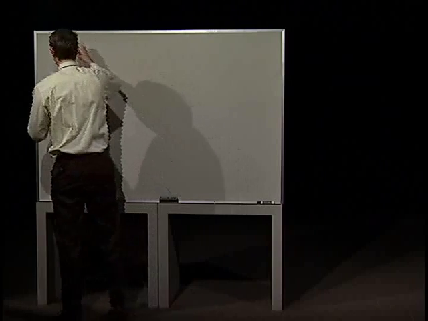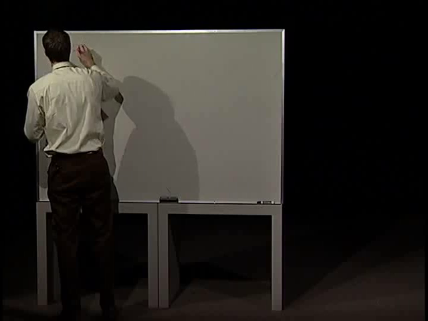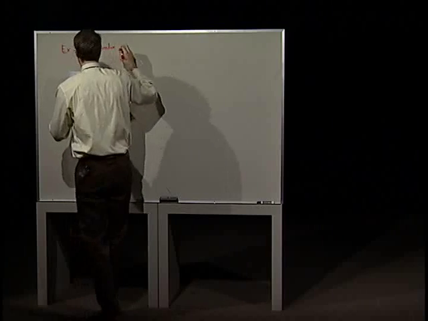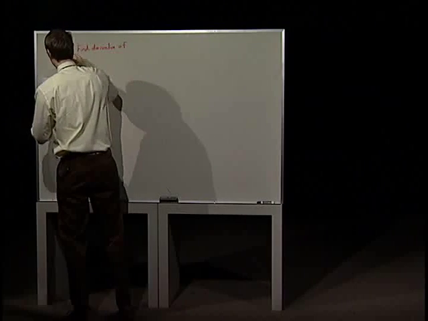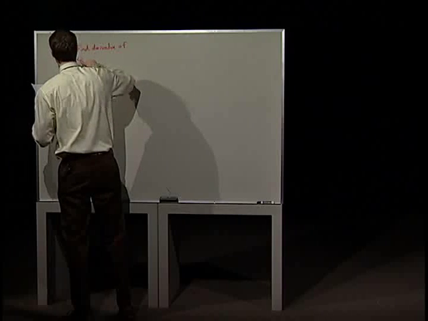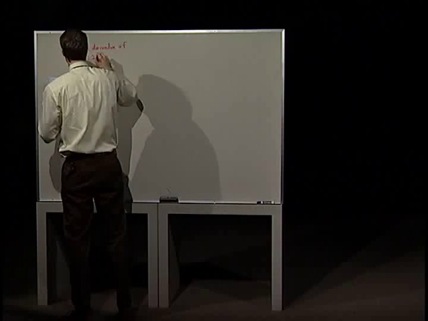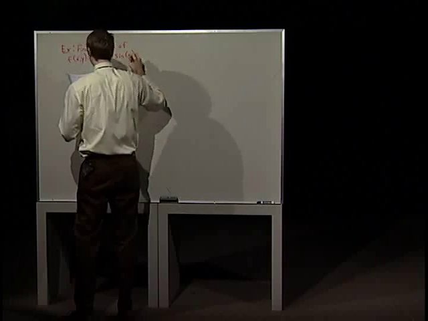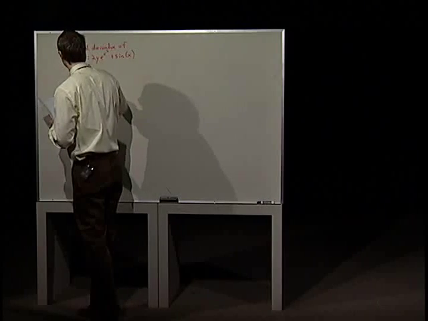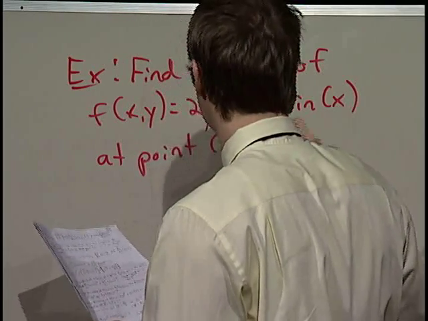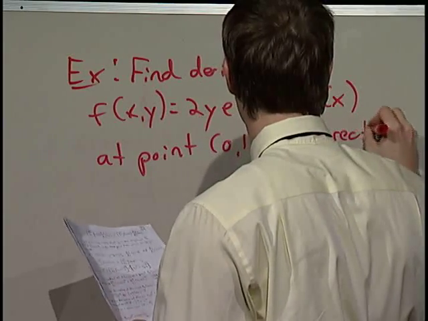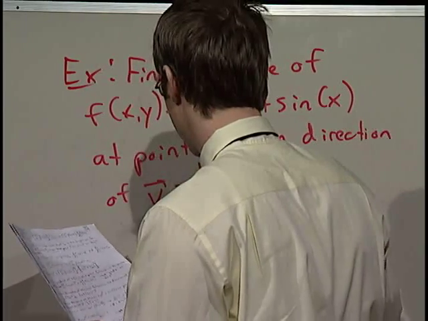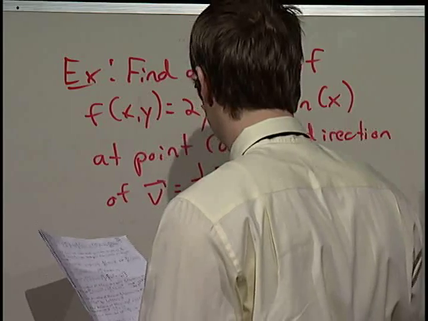Let's find the derivative of the function f of x, y equals 2y e to the x squared plus sine x, at the point (0, 1) in the direction of the vector v equals 1/2 i plus 3j.